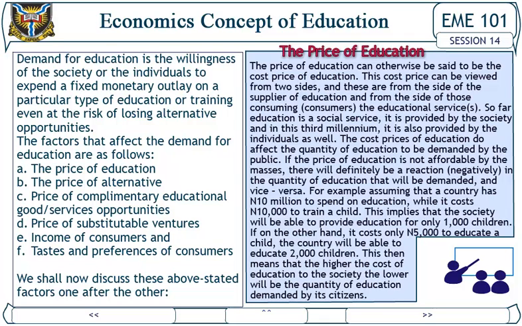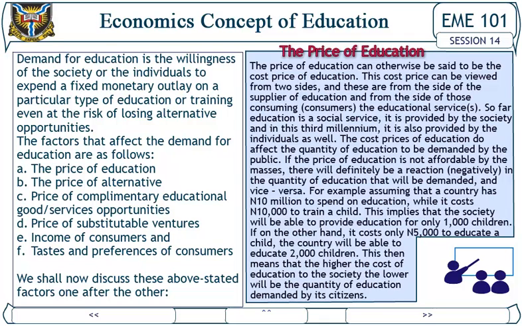It is provided by the society, and in this third millennium, it is also provided by individuals as well. The cost prices of education do affect the quantity of education demanded by the public. If the price of education is not affordable by the masses, there would definitely be a negative reaction in the quantity of education that will be demanded, and vice versa.